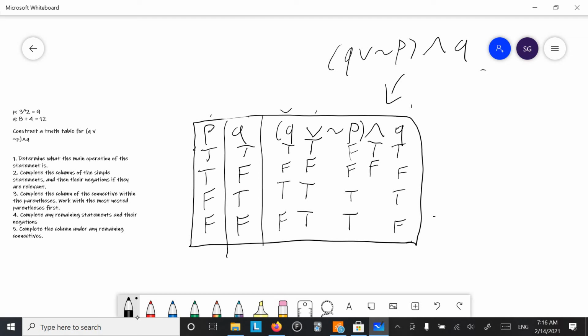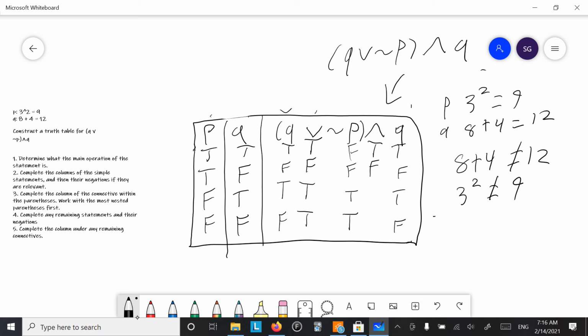We can work it out like so. P, Q: 3 squared equals 9, 8 plus 4 equals 12. Alright, 8 plus 4 does not equal 12, and 3 squared does not equal 9.